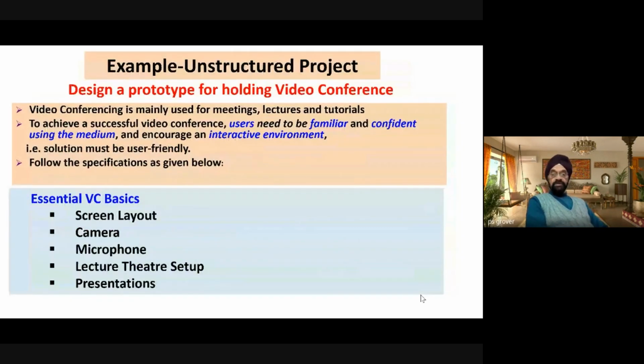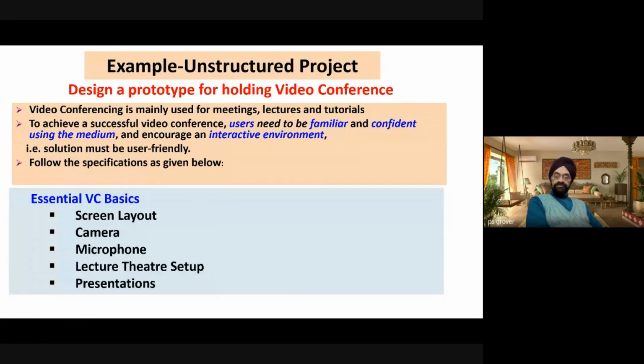So let me give you an example of an unstructured project. You are sitting on your system. Now, suppose I ask the student to design a prototype for holding video conferencing. This is a project which students have to do. Video conferencing is mainly used for meetings, lectures, and tutorials.